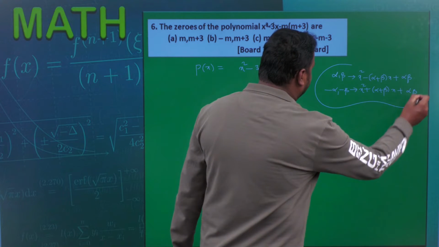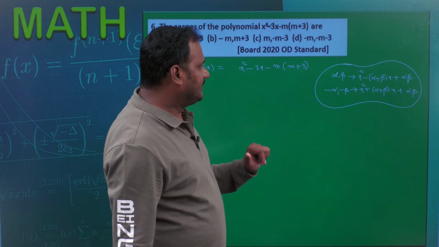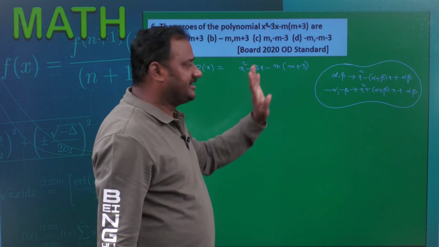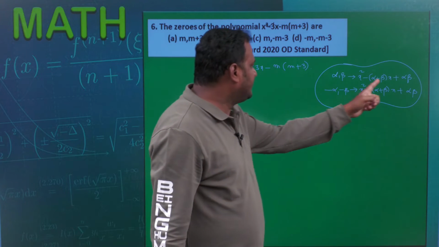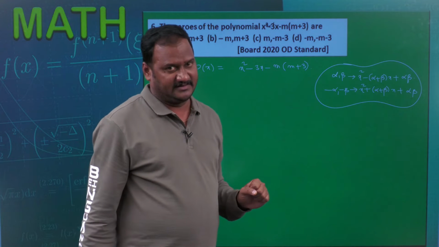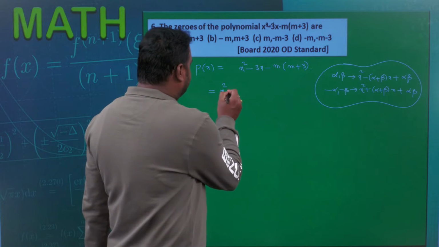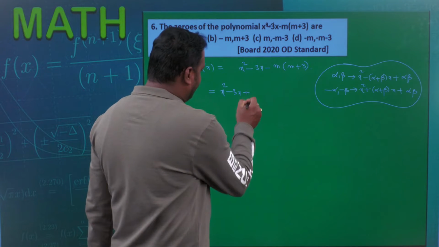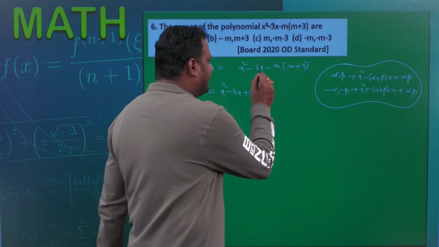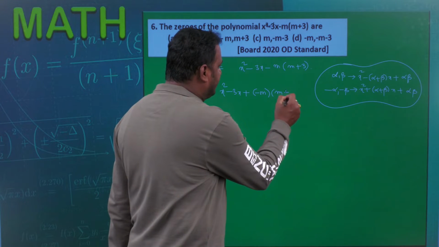So keeping this in mind, see our polynomial. Irrespective of the sign of the second term, I am going to the sign of the third term. The sign of the third term in both of them is positive, but in our problem it is negative. Got it? So I am going to write this as x square minus 3x plus, I will give that minus to m, so minus m into m plus 3.